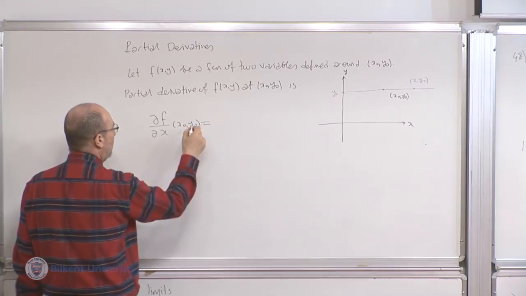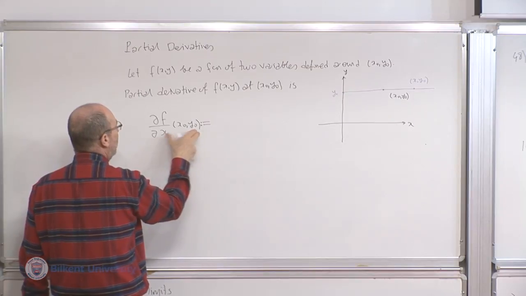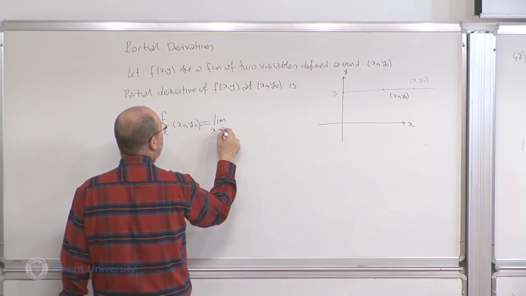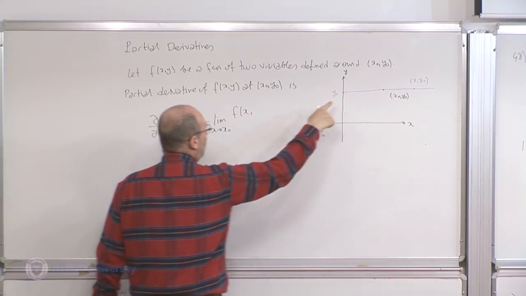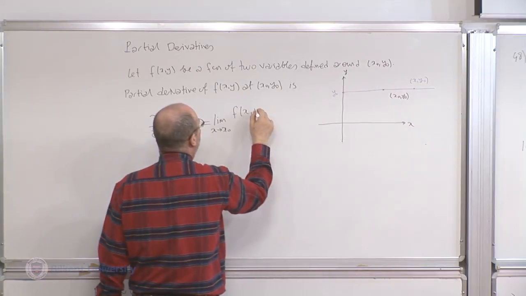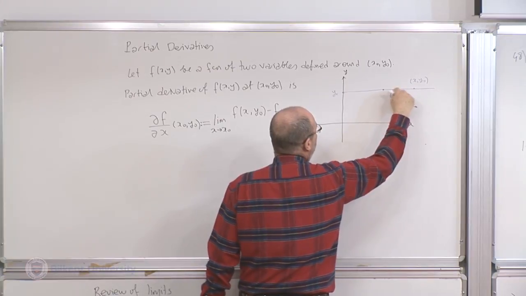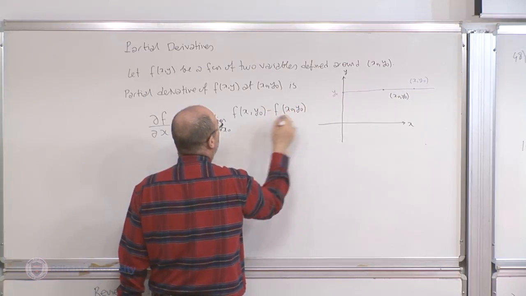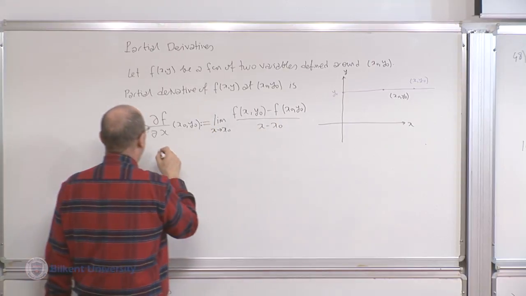So we define it. Remember that this symbol so far has no meaning, but from now on, every time I see this picture, I'll understand this. This is the limit as x goes to x sub 0 of f(x, y sub 0), since I restricted this function here so the second coordinate is y sub 0, minus f evaluated at (x sub 0, y sub 0), divided by, as usual, the difference x minus x sub 0, if the limit exists.